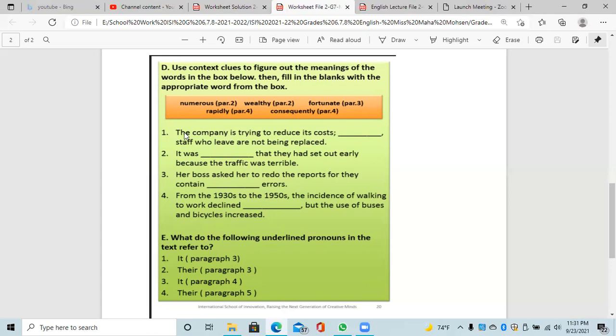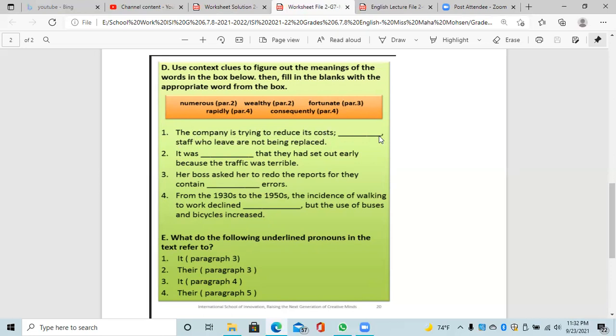So let's start here. The company is trying to reduce its costs, and then staff who leave are not being replaced. So what is the right answer here? Consequently, it's like as a result. So as a result, first of all, the company is trying to reduce its costs.